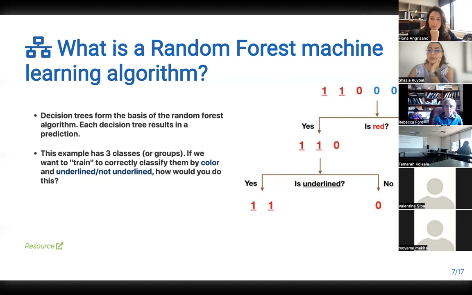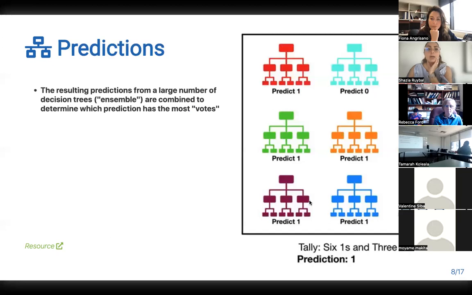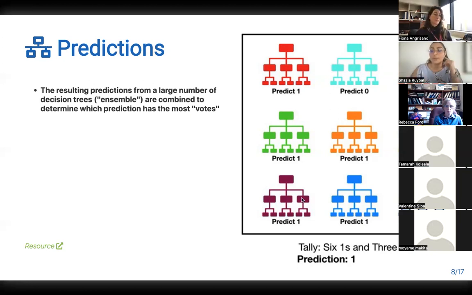All right, move the videos back so I can see you. And like I mentioned before, what the random forest algorithm does is it builds thousands of these decision trees. And for each decision tree, we get 1 final prediction. So in this case, we've run 9 decision trees, and there's been 6 predictions of a 1.